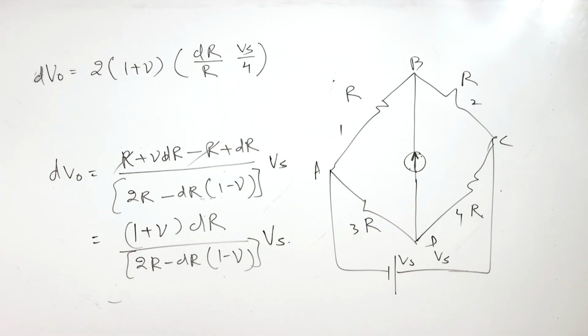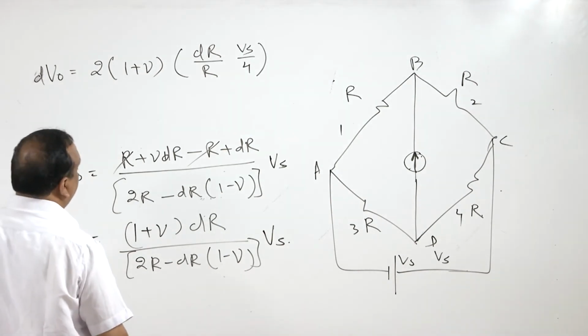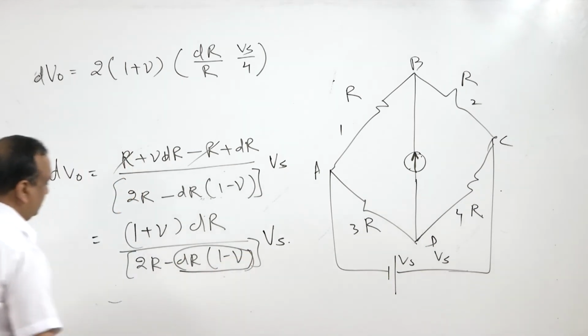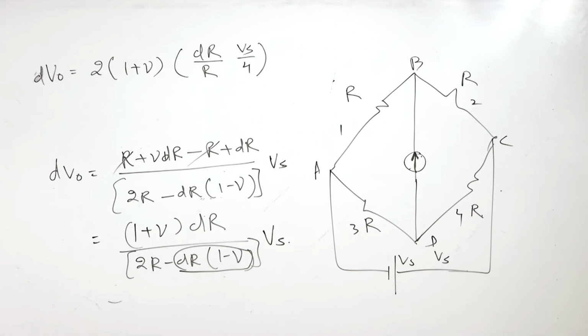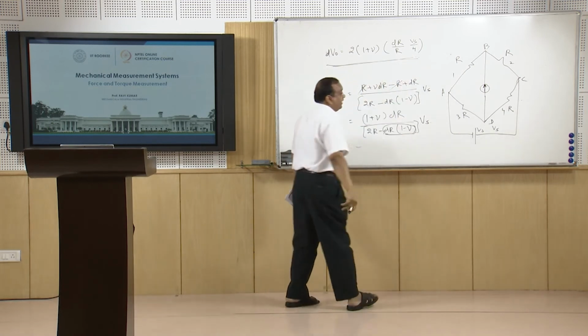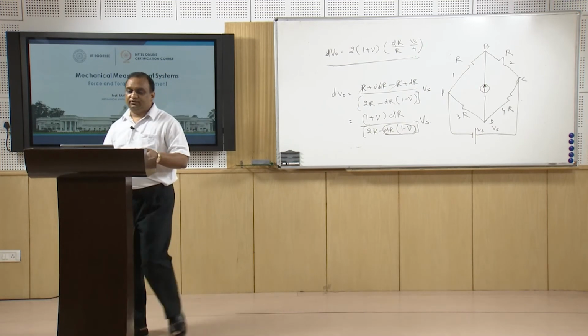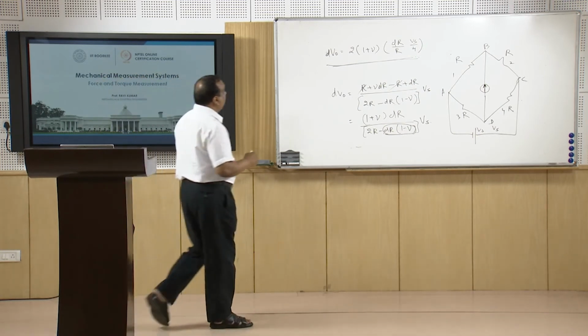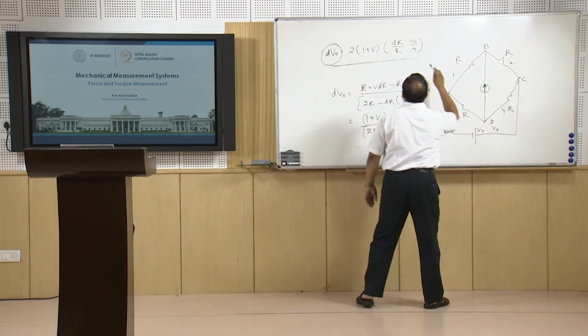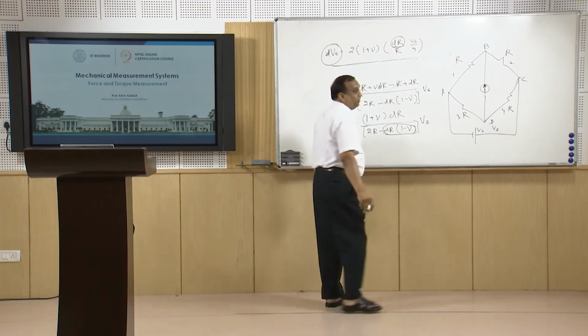If we take this dr multiplied by 1 minus nu, we have neglected it here, and then we have got this expression. So if we neglect this, this is going to be the final expression. This expression shows the change in the output voltage when there is a dr change in the resistance of the strain gauges.